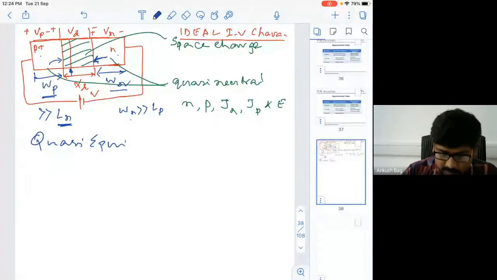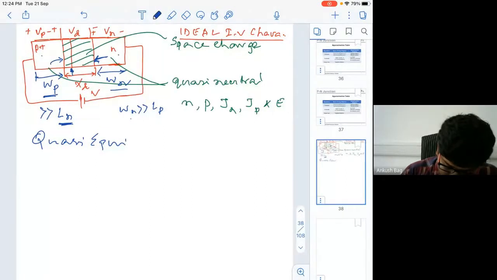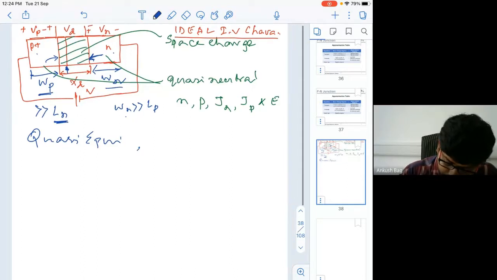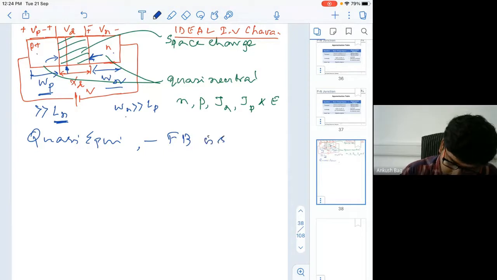But whatever this normal or general discussion in PN junction, we will consider that this applied forward voltage FB is very small. So that is why this is under quasi-equilibrium condition. This forward bias is small.